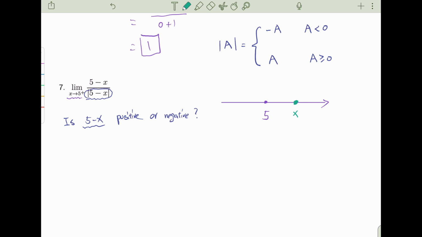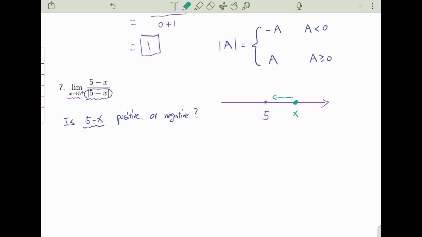Imagine that you're taking this x and you go along this number line, getting closer and closer to this 5 from the right side. So what I mean is that this x is always greater than or equal to 5, right?